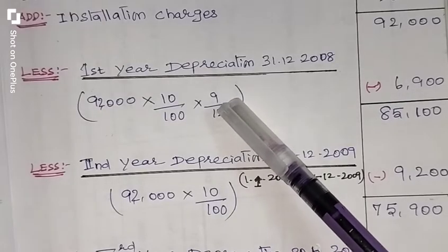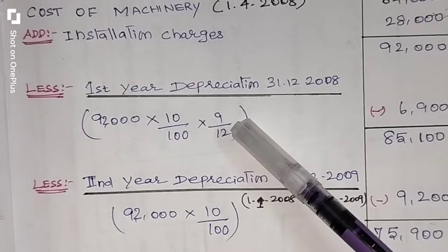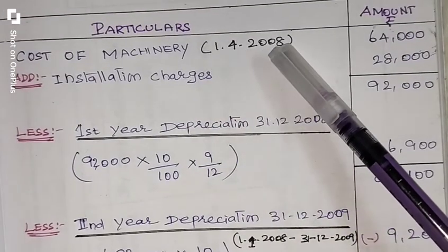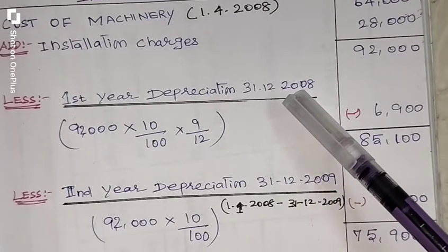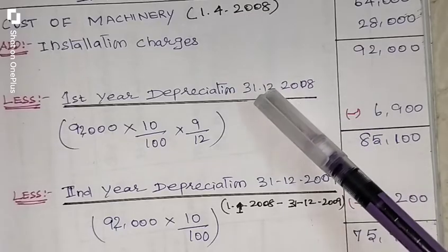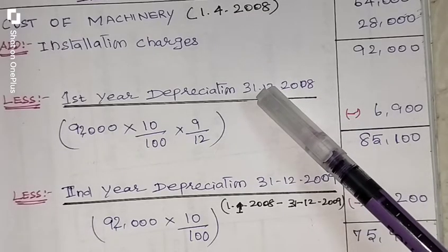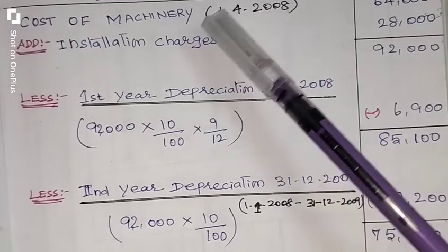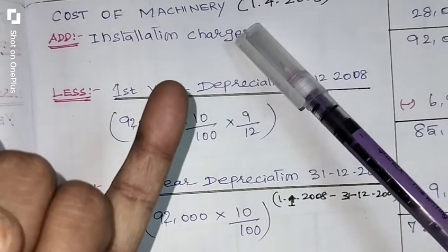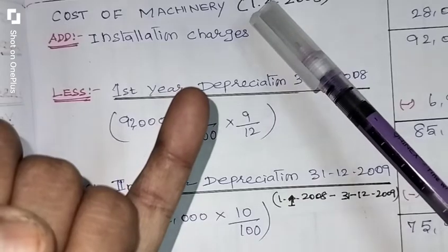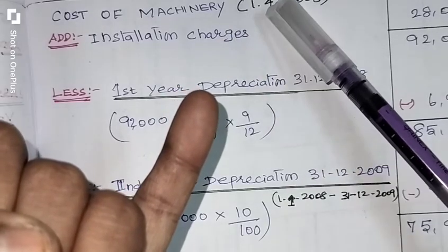And the depreciation period is, listen here, when you purchased the machinery, 1/4/2008. What is the closing accounting period? That is 31st/12/2008. So you have to find out the accounting period for the first year. 1st April means you have to take that whole month.